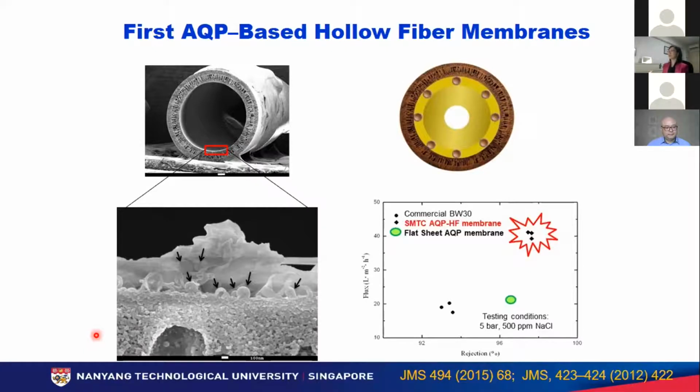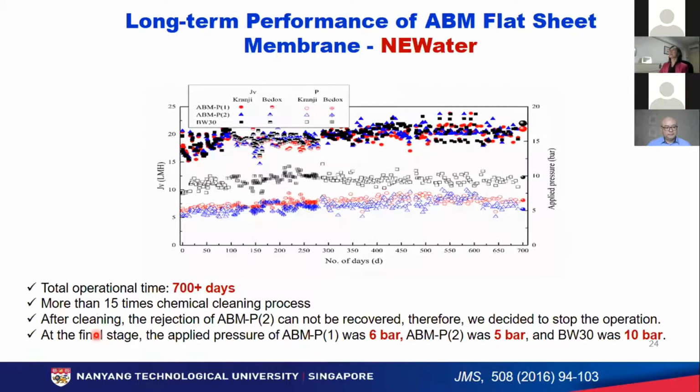People asked if this membrane can be used for real applications. In the real situation, what happens? So we used real field water from the NEWater plant, a wastewater reclamation plant, to do the filtration.